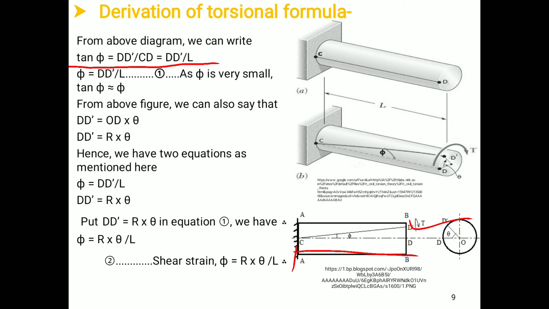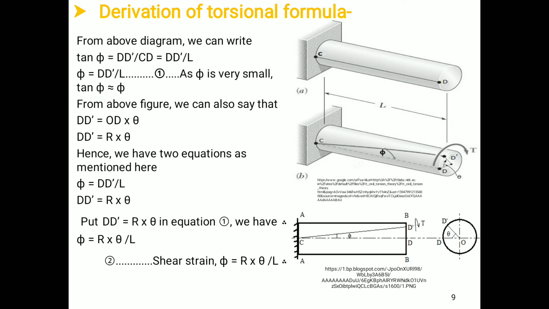So tan of phi will become DD dash upon CD. All of you know that CD is nothing but the length of the shaft. Therefore tan of phi will become DD dash upon L. But as this shear strain is very small, tan of phi is approximately equal to phi.